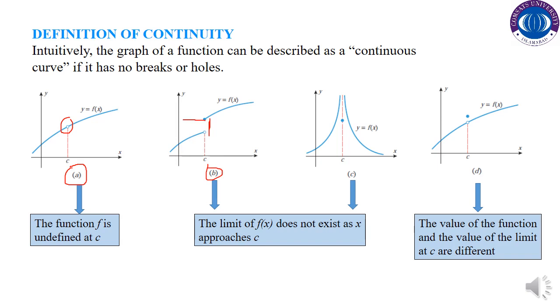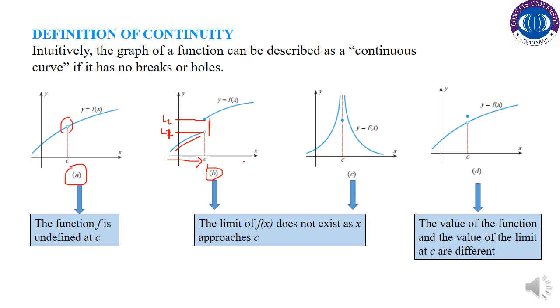This is the value of the function at C. Let this be L2 and this is L1. Now discussing its limit, its left hand limit, that is when x approaches C from the left side, the function goes to the point L1.